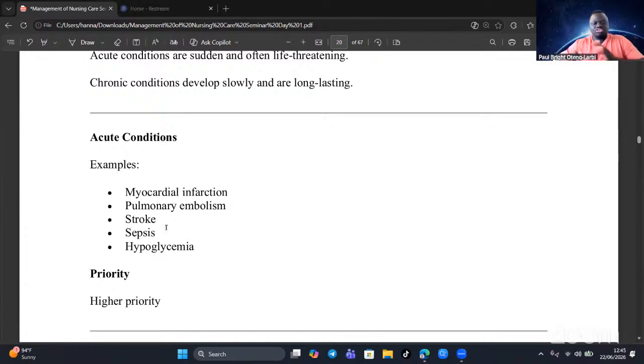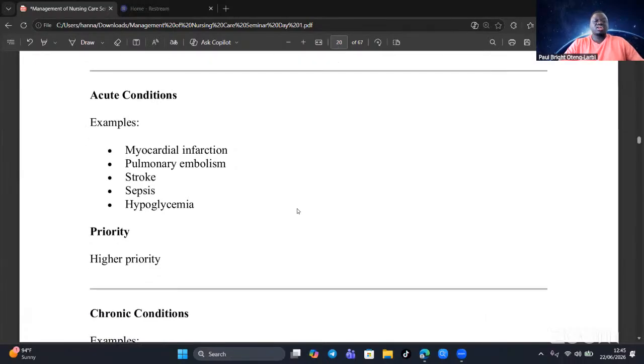So stroke, sepsis, hypoglycemia are a priority. Acute conditions are a priority. That is why when a patient comes to the emergency unit with a stroke alert or a sepsis alert, everybody stops whatever they are doing to take care of the patient. Somebody comes with hypoglycemia, everybody stops what they are doing and tackles the patient.